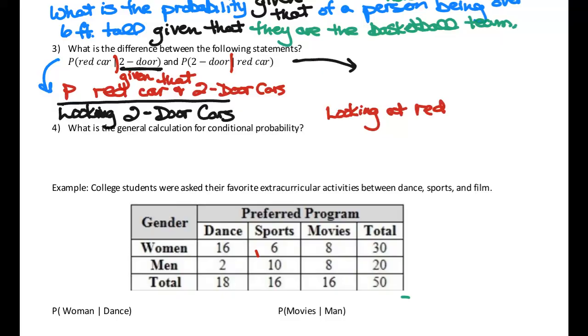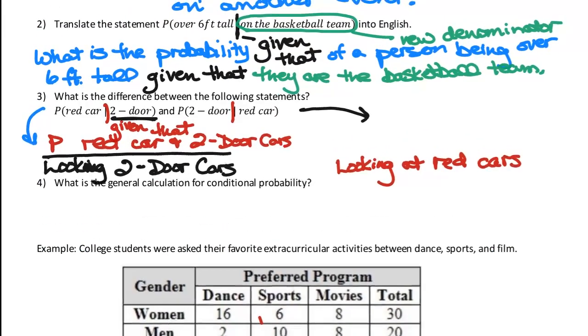Yeah. Okay. So here we are looking at all red cars. So we have red trucks, we have red vans, we have red 2-doors, 4-doors, we have Lamborghinis, all those kinds of red cars.